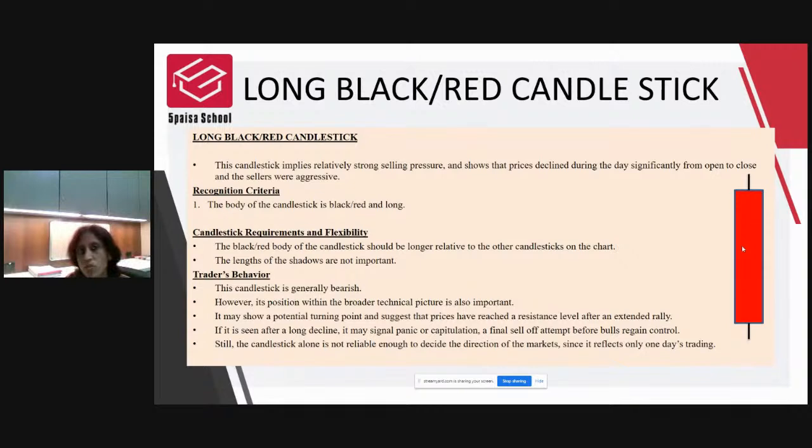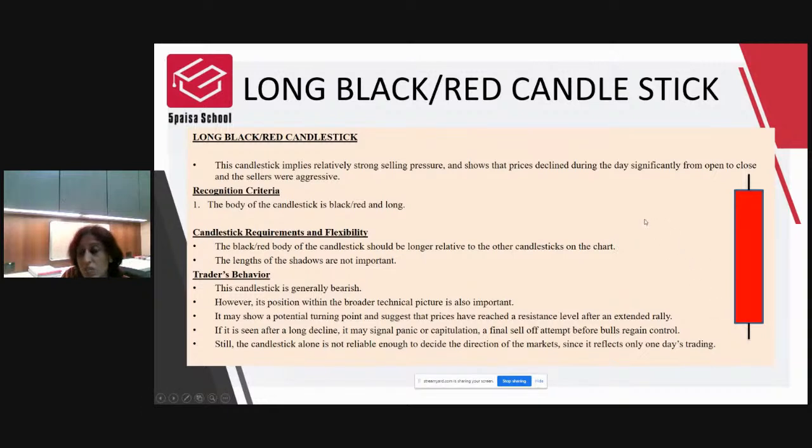It is exactly the opposite of the long white candlestick. As you can see over here, just look at the real body. The real body of this candle is very long, right? In this case, since it is red in color, the opening price should be positioned somewhere over here, and the closing price should be positioned somewhere lower, which means it is the sellers' market.